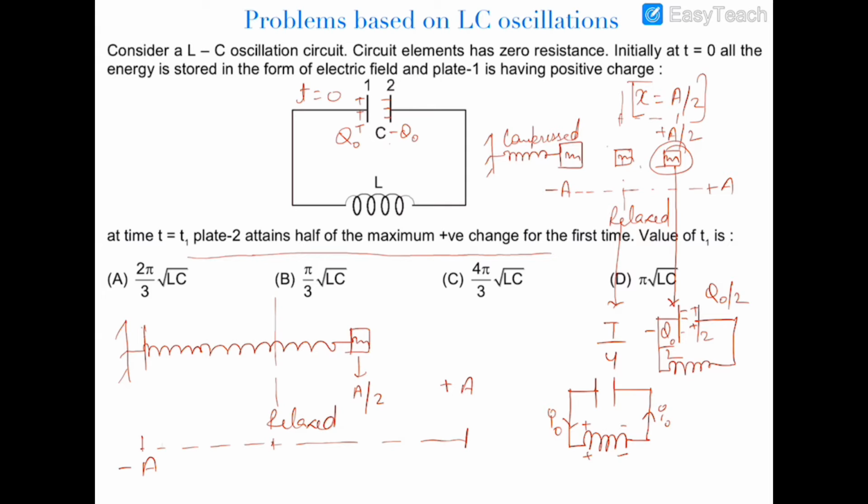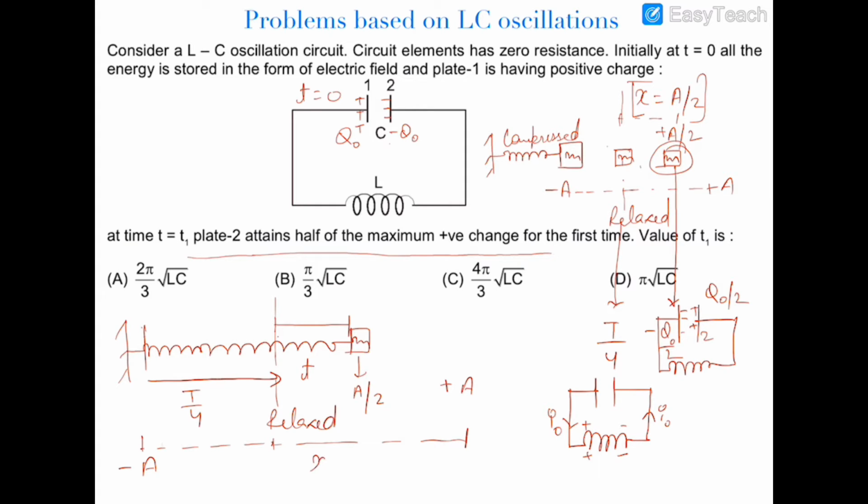We know that the time taken by the block to move from this position to the relaxed position is T upon 4, and we can also calculate the time taken from x equal to 0 to x equal to A by 2. Let's suppose this time is t.